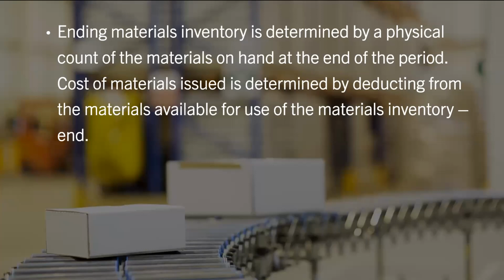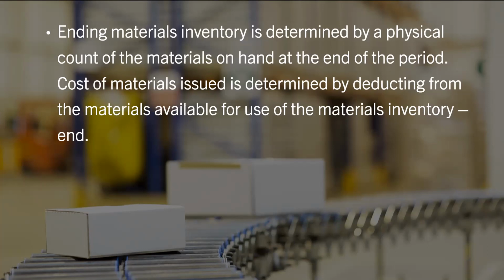In the periodic inventory system, since we only record every time we buy, and we put it in the purchases account, when we are asked how much will be the ending materials inventory, in order for you to do that, you need to conduct a physical count. So, we will have a physical counting of materials on hand, and whatever the amount is, that would be presented as the ending inventory.